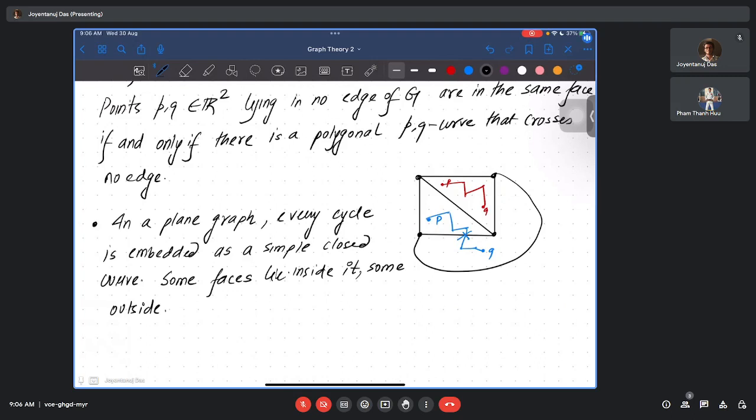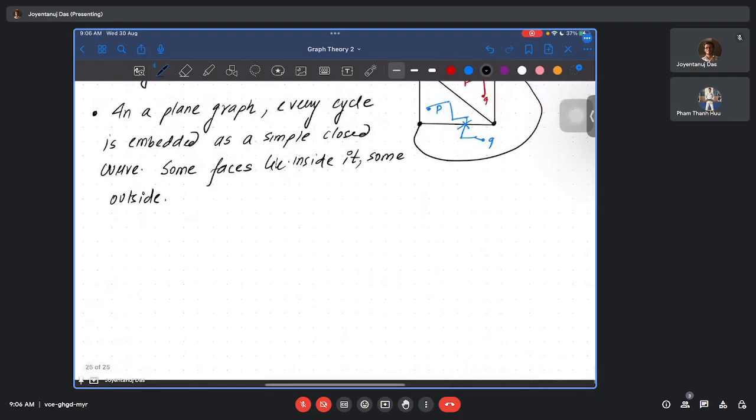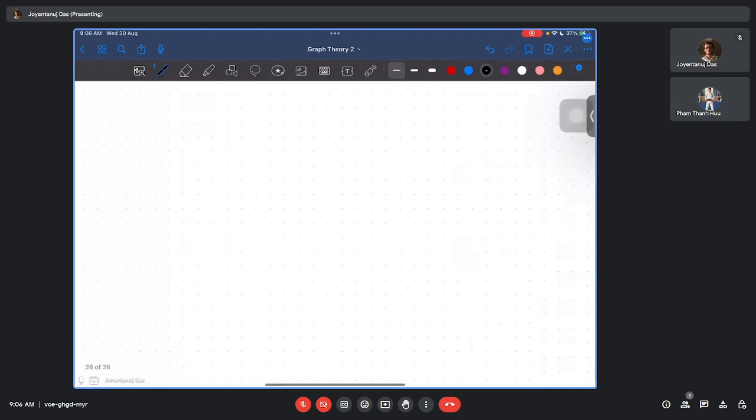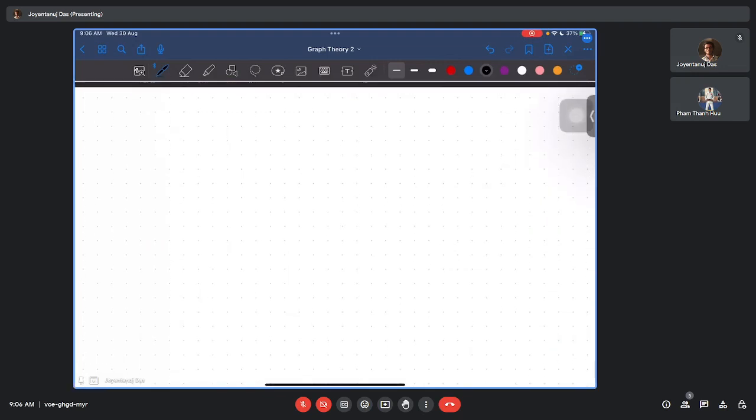Okay. So next we have one theorem. It is called the restricted Jordan Curve Theorem.